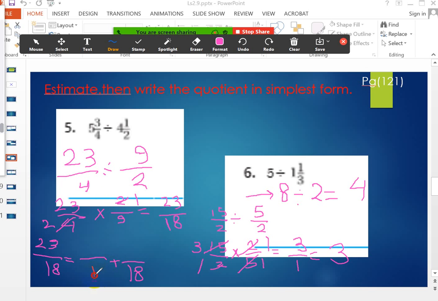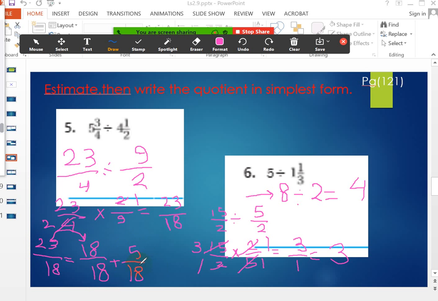Numerator is 23, break it into numbers. I am able to divide by 18. The greatest number is 18. Take 18 from 23. What's the number left? Count it, it will be 5.